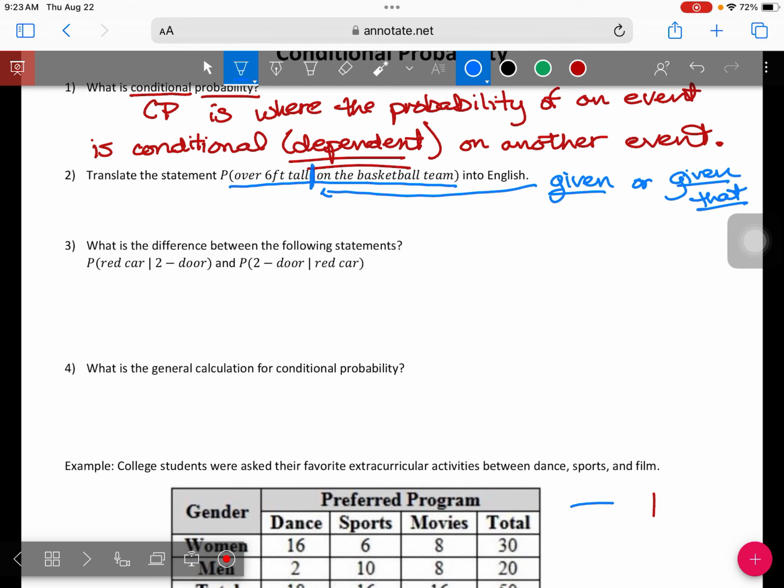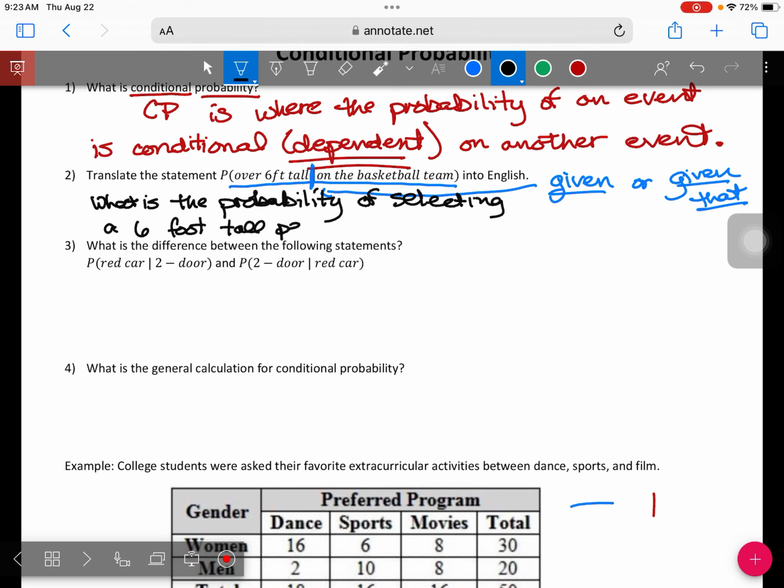So here is the statement. And we're translating. So it says, what is the probability of selecting a 6-foot tall person? I'll say person. And then there's that vertical line.